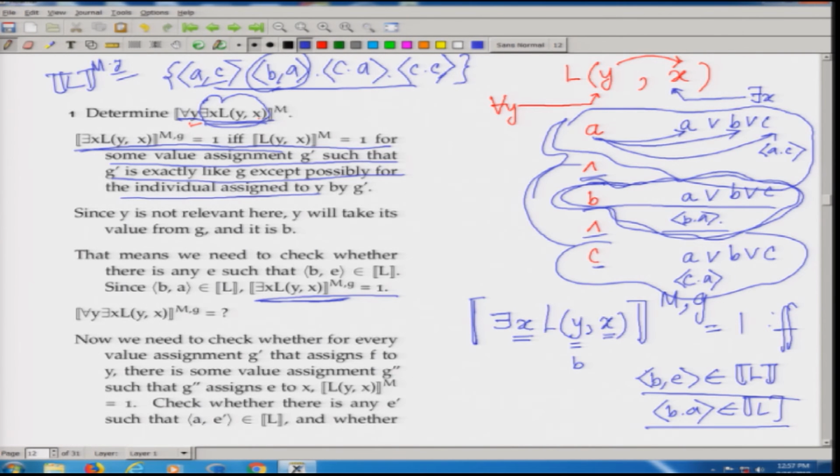In each and every case, another very important thing is, had this problem been something different, if we just had, for example, some x some y Lyx, then what is the value of that? Just by checking this value, you have calculated the value of the entire thing.